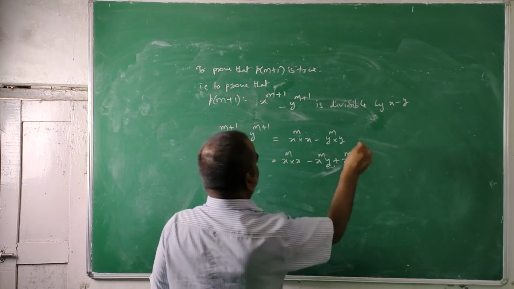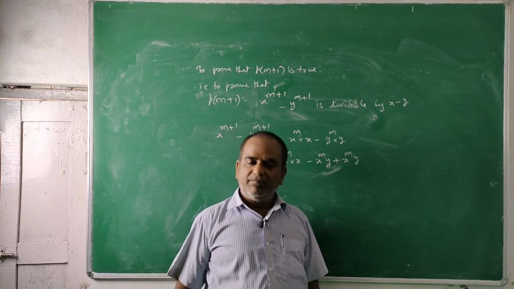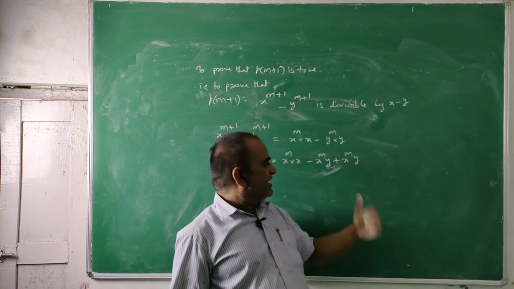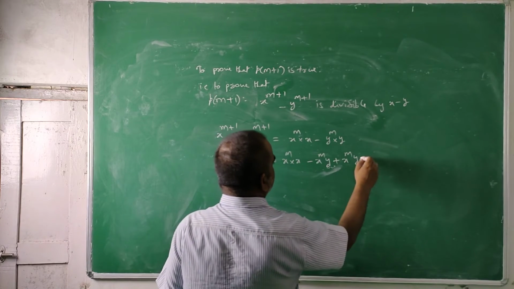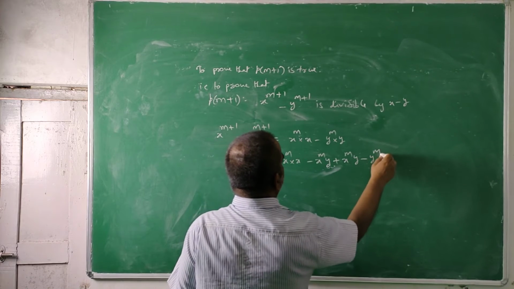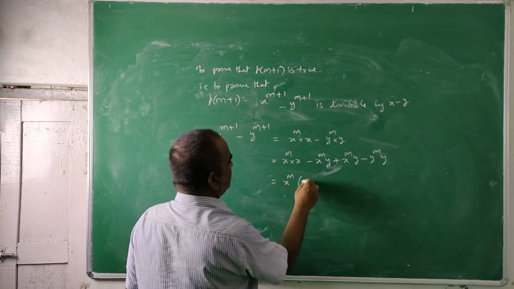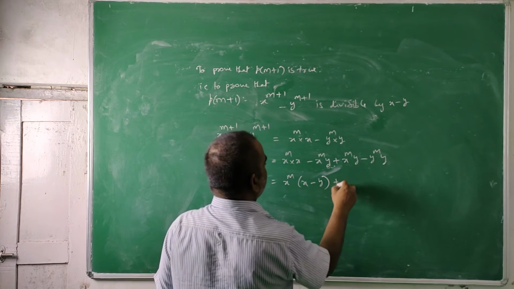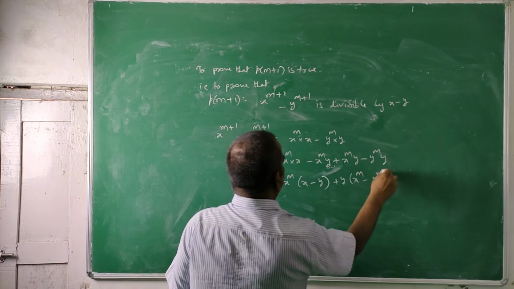If you add and subtract the same quantity to the given expression, there won't be any wrong. So here I am adding and subtracting x power m into y. So minus y power m into y. Now here and here take x power m common, then you get x minus y. And here take y common, you get x power m minus y power m.